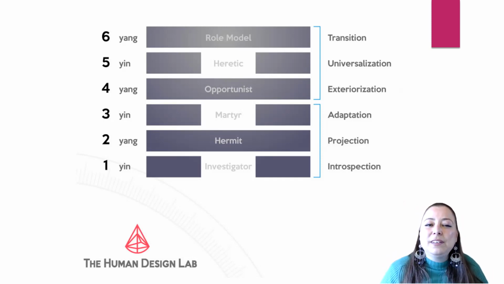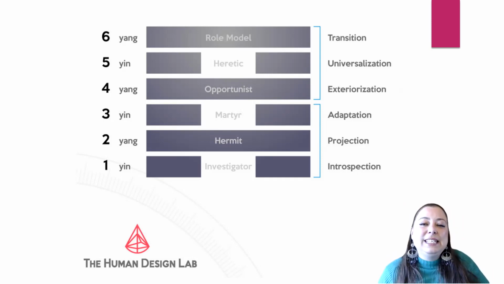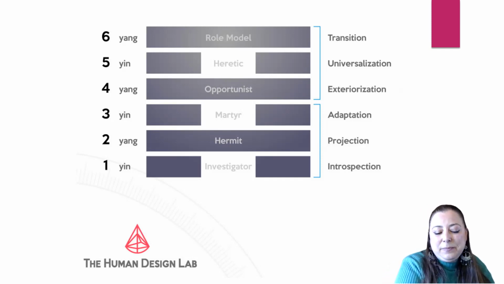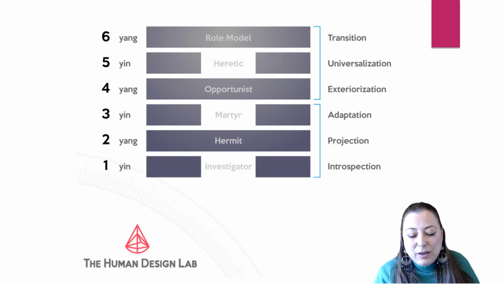Then we have the fifth line being a yin energy. It's the heretic, universalization. And here we have the energy to reflect what society socially needs in a way.